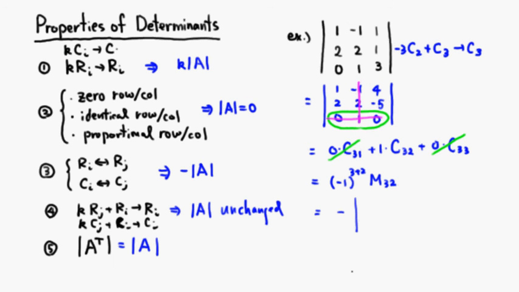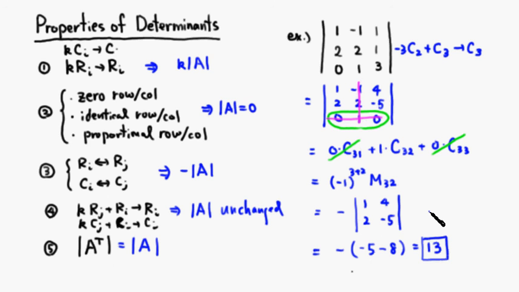What you get is 1, 4, 2, negative 5. So this is going to be negative: 1 times negative 5 is negative 5, minus 4 times 2 which is 8. Therefore it's negative 13, with the negative sign in front, so it's positive 13.